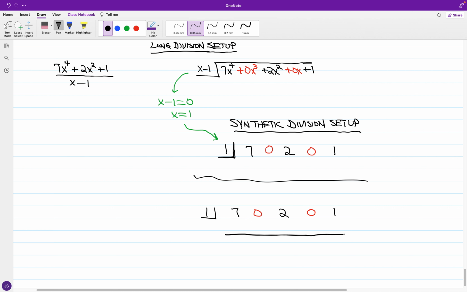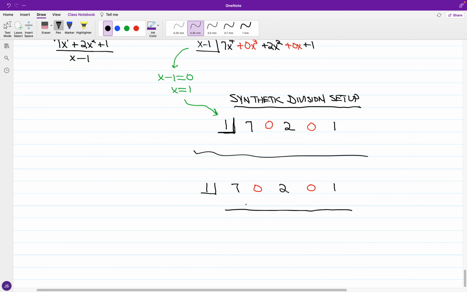And where synthetic division can be used, it'll save a lot of working space. And instead of row by row subtracting, I'll be looking at column by column addition.